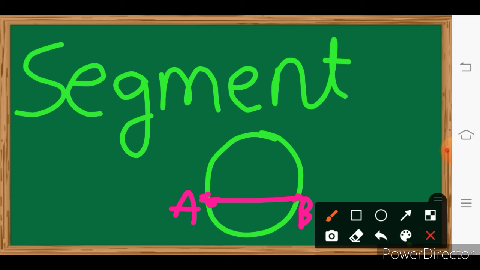AB divides the circle region into two parts. Each part is called a segment. This is one part, this is another part. This is the first segment and this is the second segment. These are called segments of a circle.